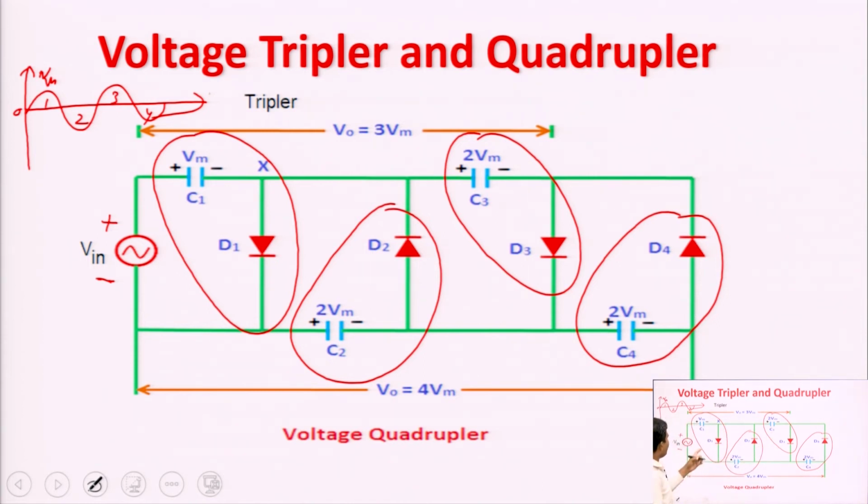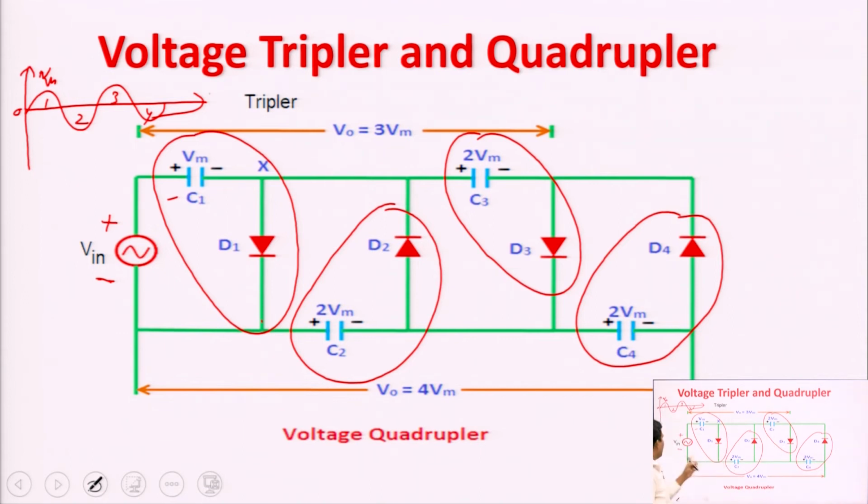On the other hand, if D1 is in forward bias, current only has to flow through C1. Once D1 is in forward bias, these two polarities become short circuited. Then why would current flow through D3? Because in this path the impedance or reactance is high. So, D3 will be in reverse bias.